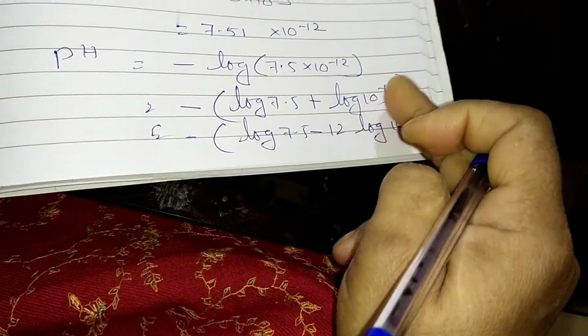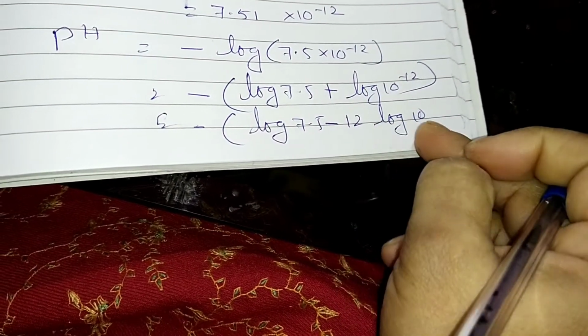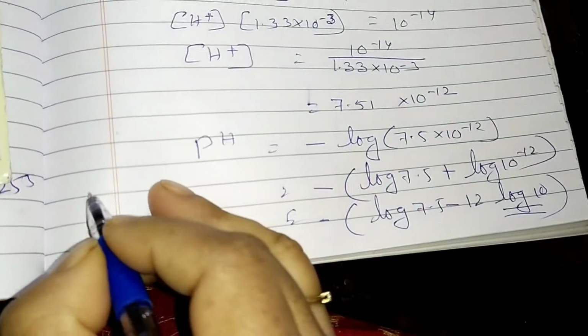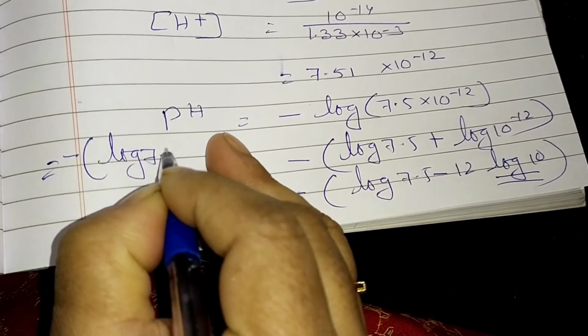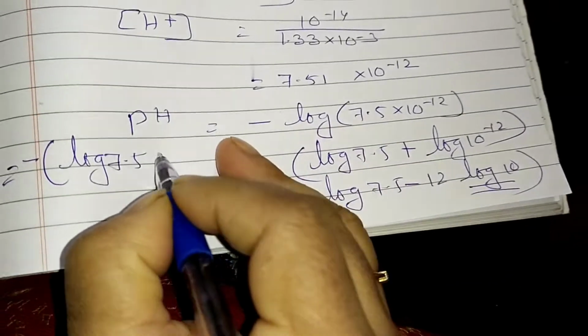When log 10 has a power, that power comes in front. The value of log 10 is 1. So what can we write here? Minus log 7.5 and plus 12 log 10, that means 12.